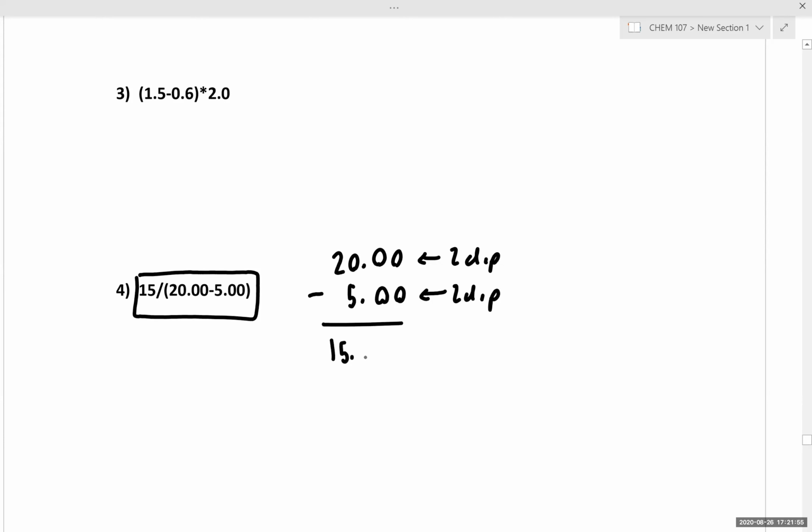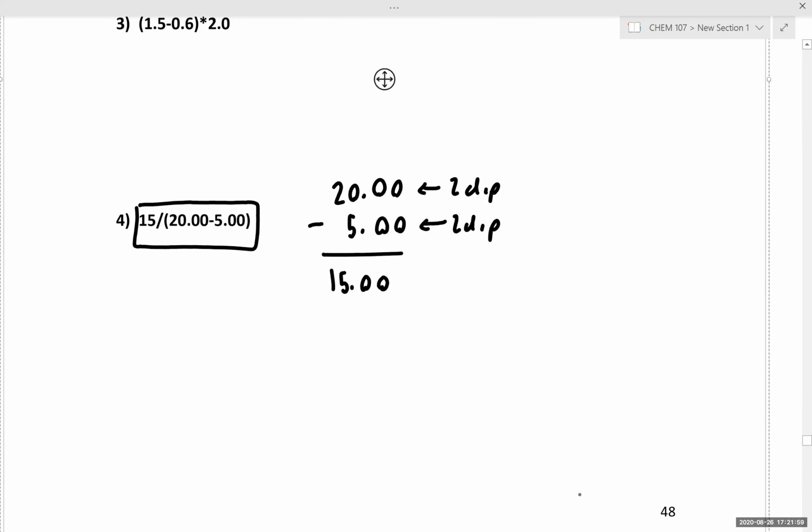That in turn gives us 15.00. We note that the last reported significant digit in 15.00 is the 0. We don't have to use bar notation in this case because all of the numbers in this measurement are significant digits. Then we're going to move on to division.